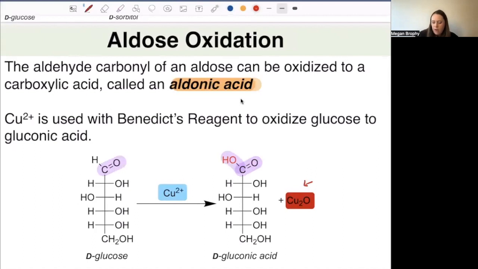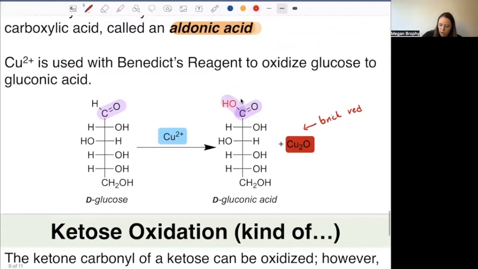So if you have glucose, add copper, you can see this red form. So that's just kind of nice because you can see it very clearly. And that's generally used as a test for what are called reducing sugars. So glucose is an example of a reducing sugar because it reduces copper 2+ to copper oxide.